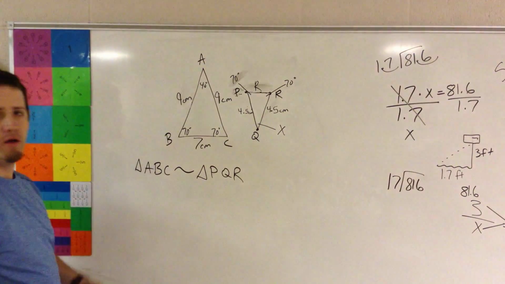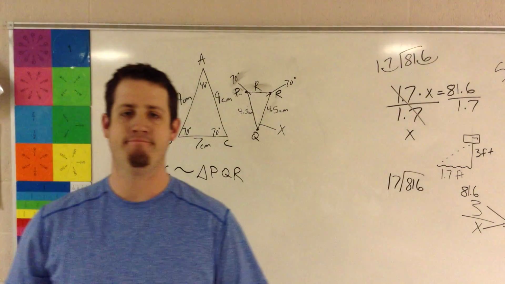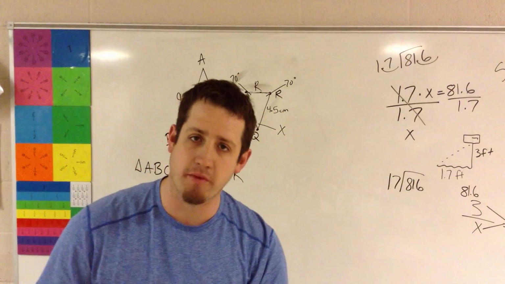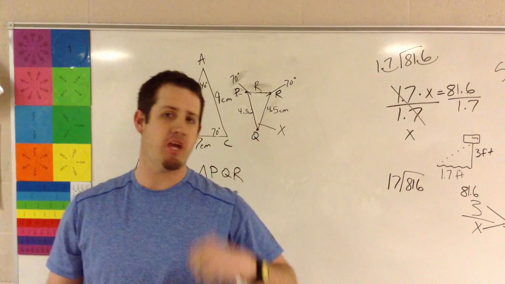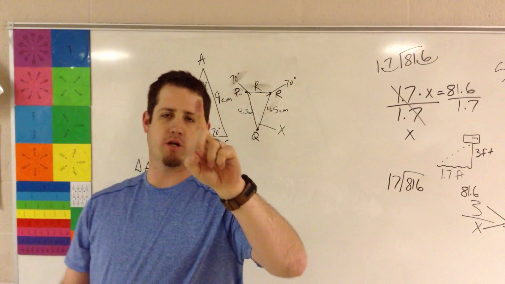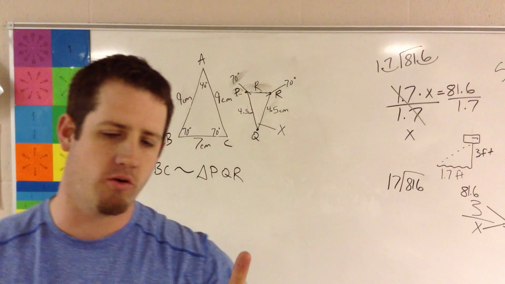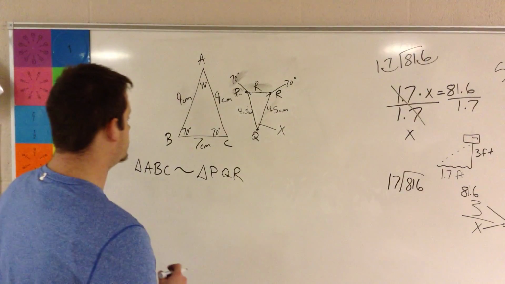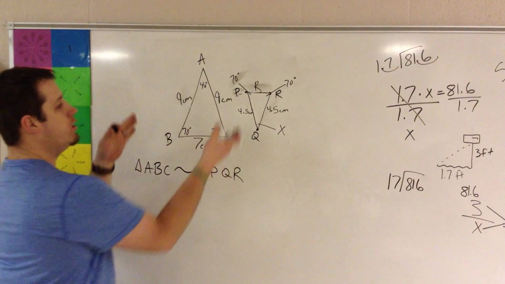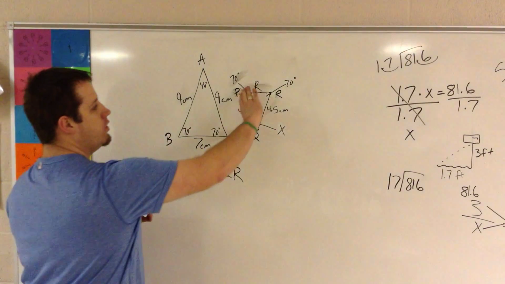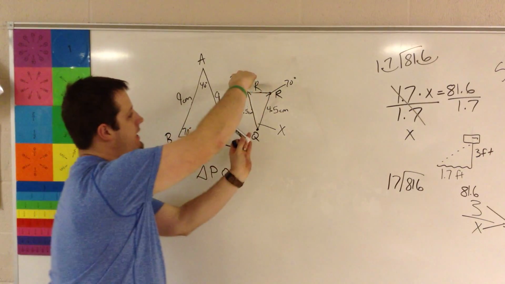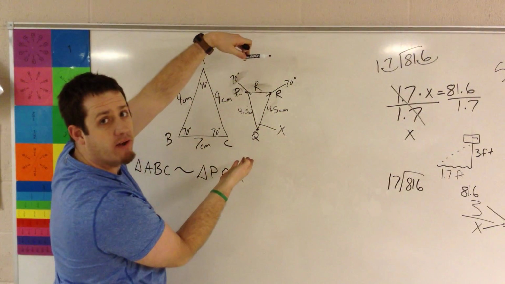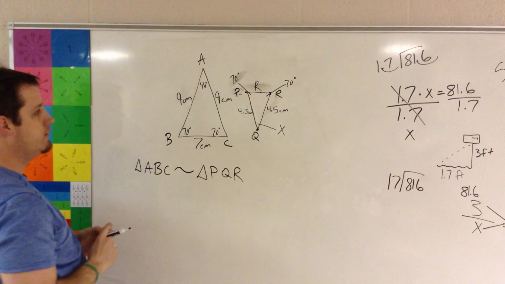So if they're similar, what do we know about them? Two things. What do you know about figures that are similar? Their corresponding angles are equal and their corresponding sides are proportional. So if their corresponding angles are equal, what's wrong with these triangles? Gotta take that and turn it, so it'll look like this one.